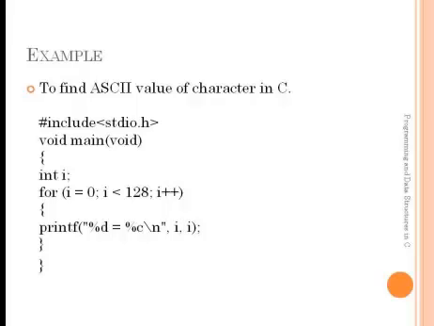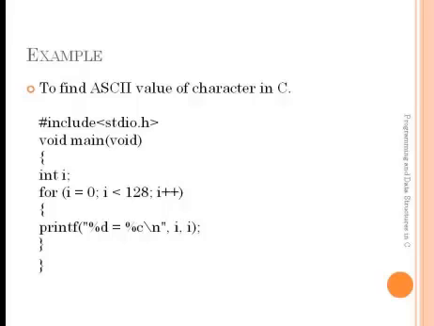Let's consider one example on the for statement. Whenever control reaches here, first it evaluates the initialization expression. The initialization expression here is i equals 0. It will assign 0 to i. And next, it will evaluate the condition.